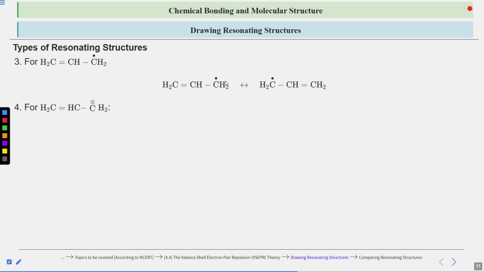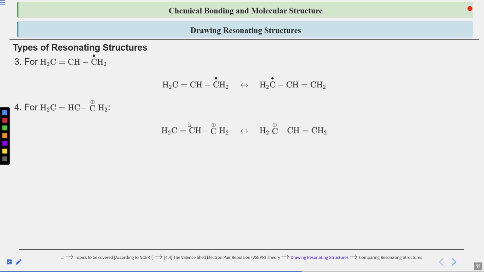It's very simple. You know where there is a high charge density and where there is a low charge density in the given species. You know that the positive charge represents the low charge density area, and the double bond on the left side represents the high charge density area. If this is so, then your electron will move from left to right.